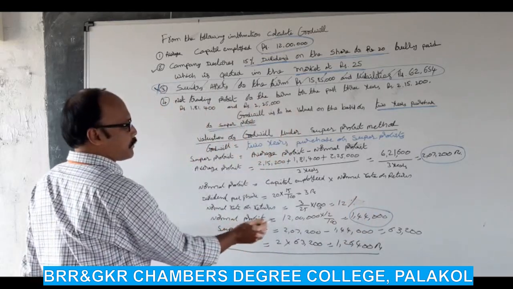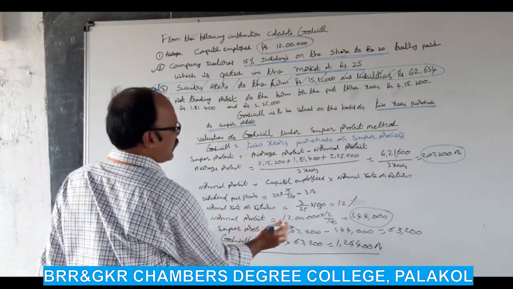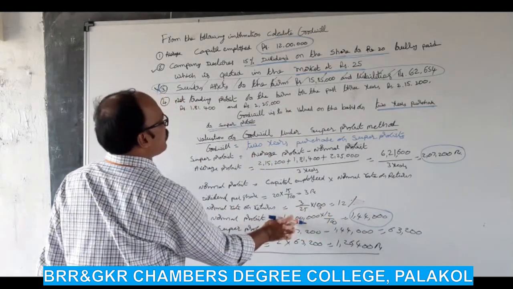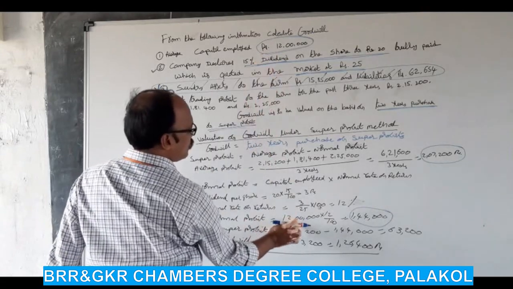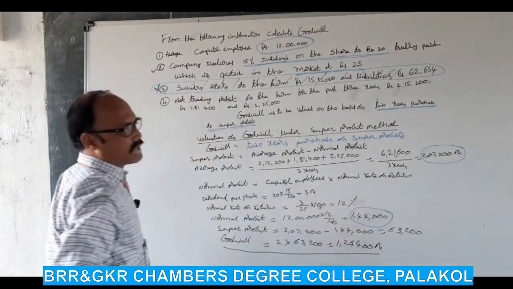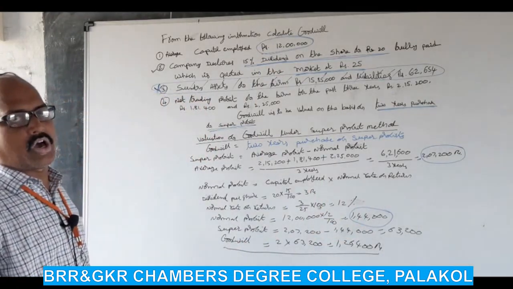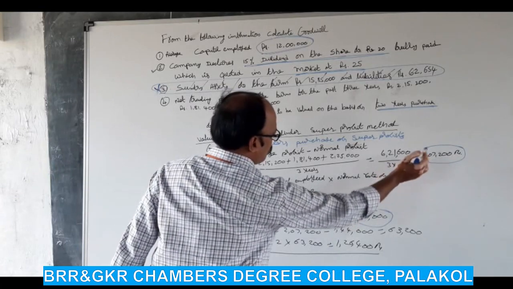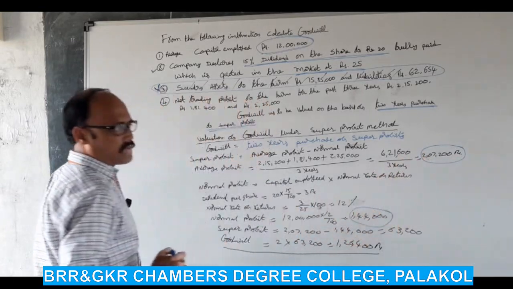Next, normal profit is equal to capital employed into normal rate of return. So capital employed 12 lakhs into 12 by 100, that is equal to 1,44,000 is to be treated as a normal profit. Average profit 2,07,200, normal profit 1,44,000.